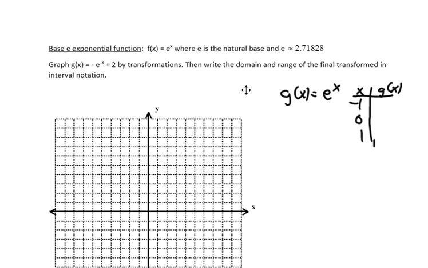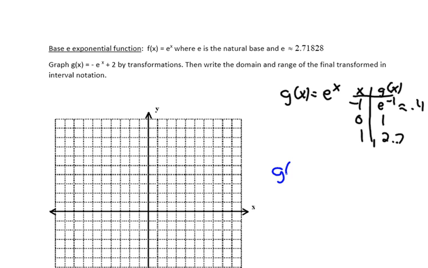Okay? So e to the negative first power, if you put that into your calculator, that should be approximately 0.4. Okay? You know what e to the 0 is, that's 1. And then e to the first is approximately 2.7. Now, let's do the other transformations.